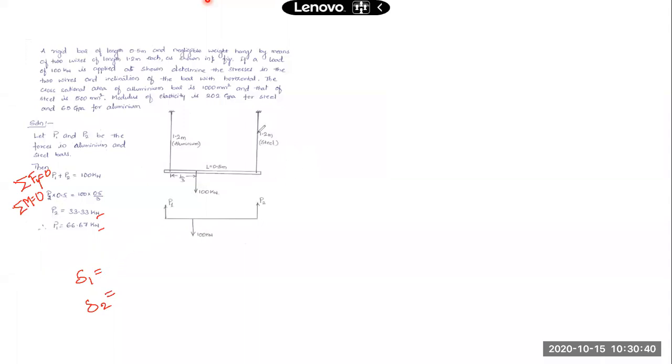So GPa to Newton per mm square will be this: 202 GPa, gigapascals, is nothing but 202 into 10 raised to 3 MPa, or this is also nothing but Newton per mm square. MPa and Newton per mm square both have the same values. 1 MPa is equal to 1 Newton per mm square.